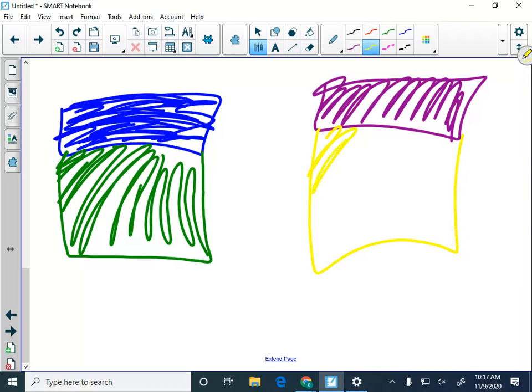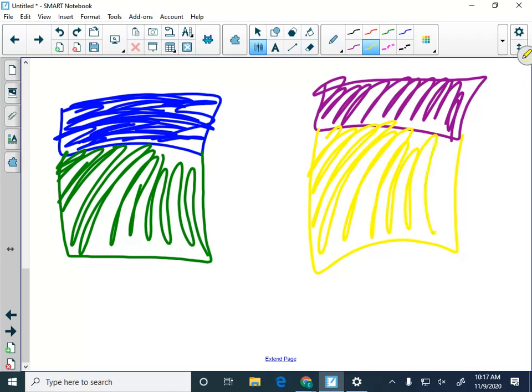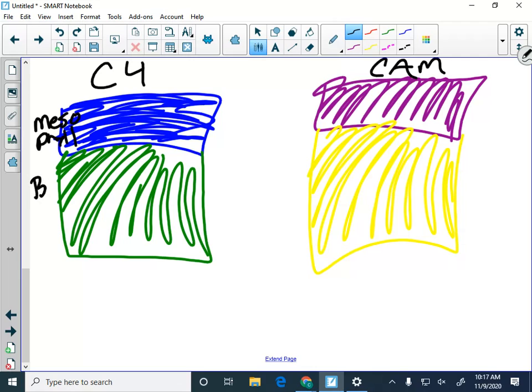So if we're comparing and contrasting our C4 and our CAM plants, our C4 plants are divided up by mesophyll cells and our bundle sheath cells. And our CAM plants are divided into night and day.